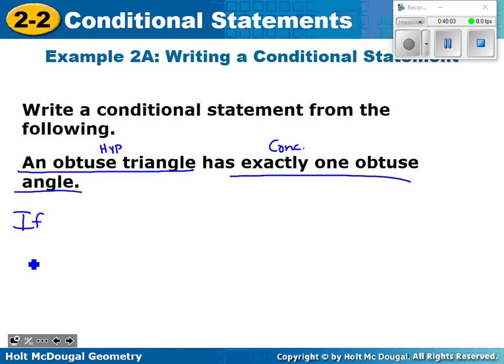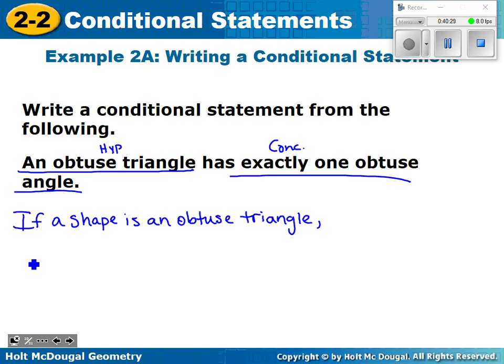You could use either word, it doesn't matter. So you could say if a shape is an obtuse triangle. Or you could say if a triangle is an obtuse triangle. You need to come up with something more broad to make your sentence work, okay?